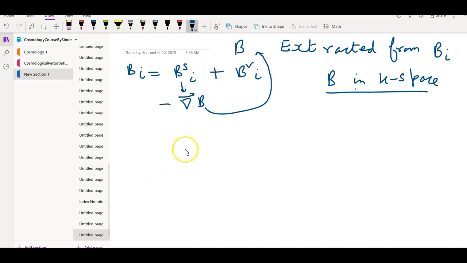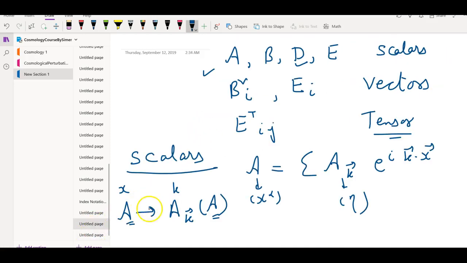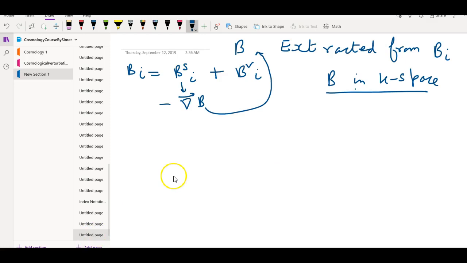We will not simply write it the way we have written the others. We will follow a slightly different approach for writing B in k space. The reason is that this B and this B are dimensionally different quantities. For example, one is voltage and the other is electric field, as you have seen in electrodynamics.